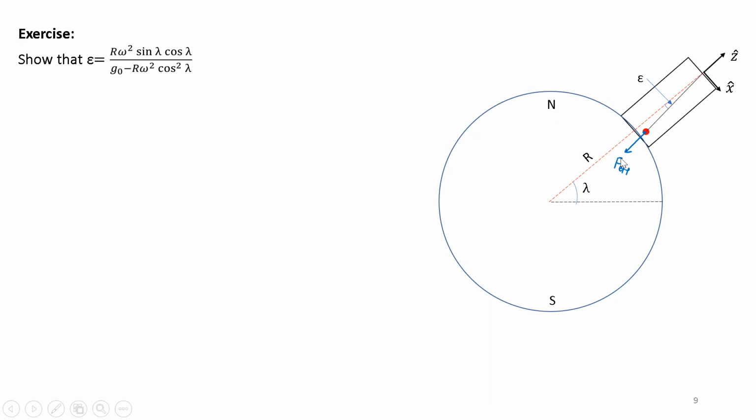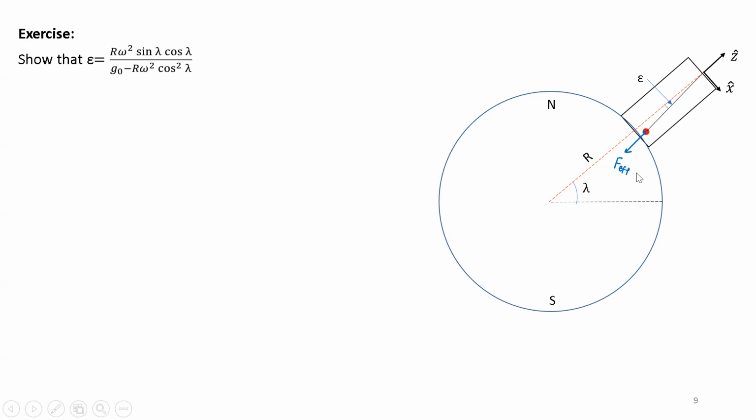And this one will have to be parallel to the string, because in order for this to be at rest, the tension must be balancing the gravitational force and the fictitious forces.